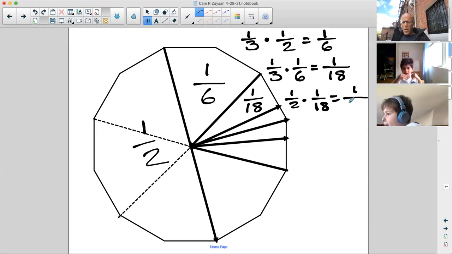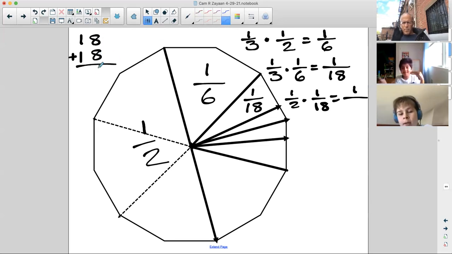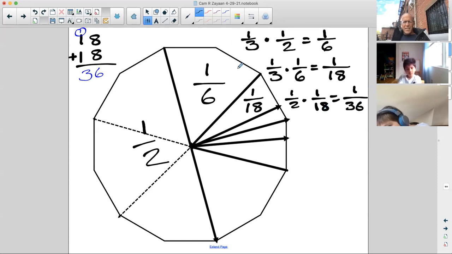Well, if you do 18 plus 18, what is 8 plus 8, Cam? 16. And then 1 plus 1 plus 1 is 3. So this, Zion, is 1/36.